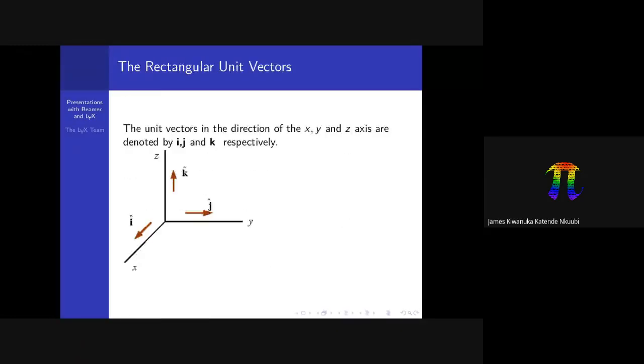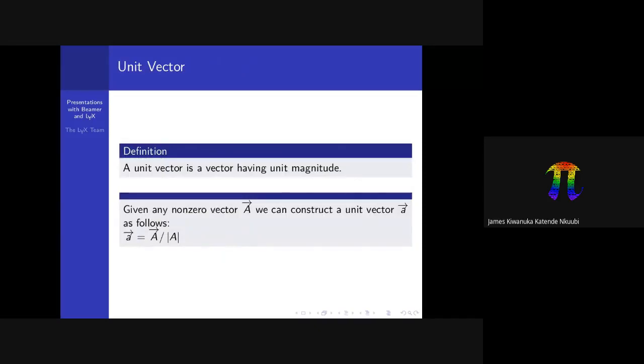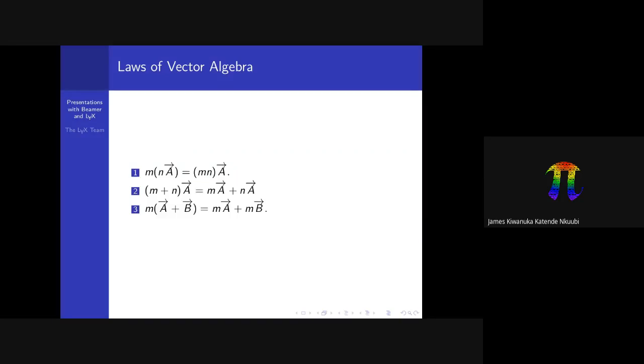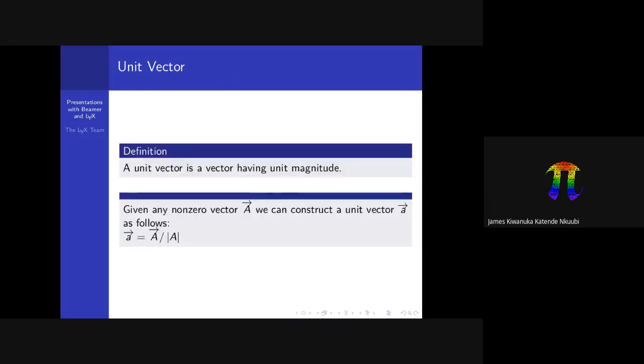I think we have done most of this. How to construct a unit vector. We can start from here. There are only 3 slides, so I will look at this quickly, then we can switch back to the handwritten ones.